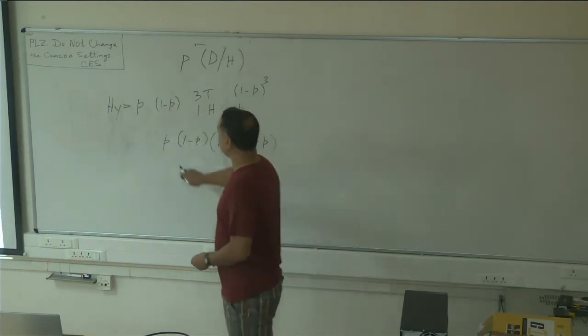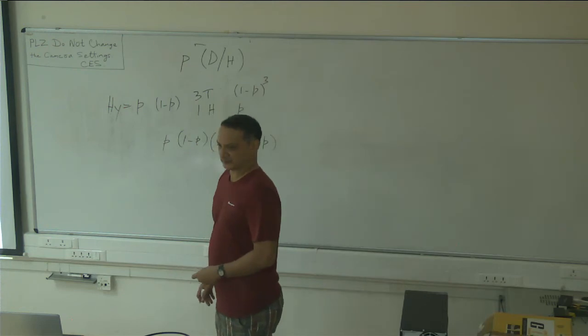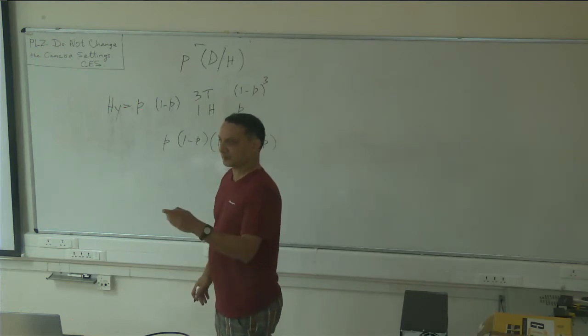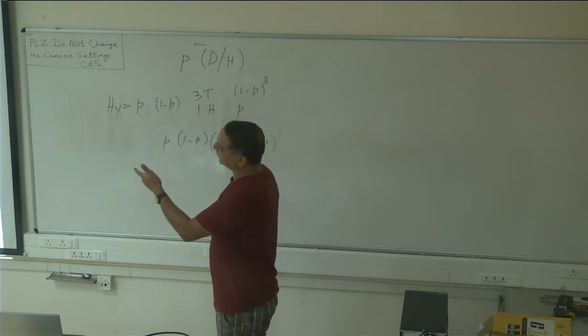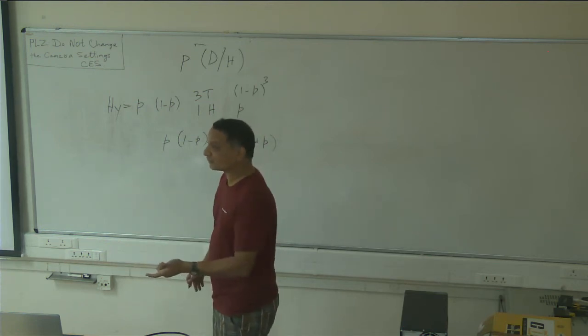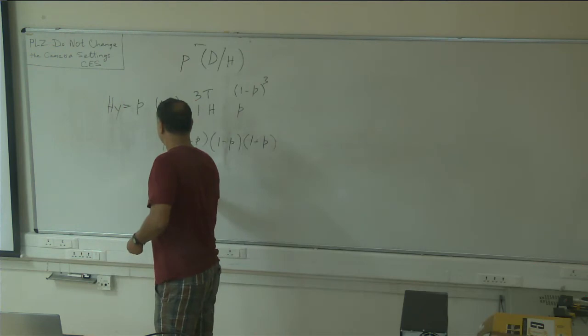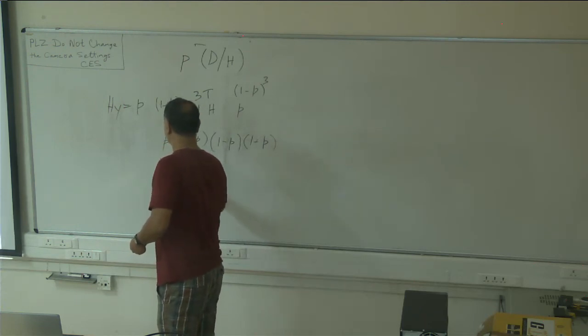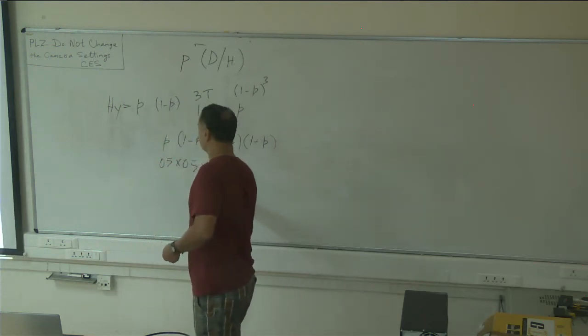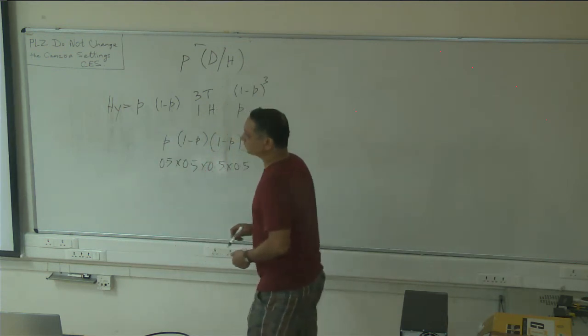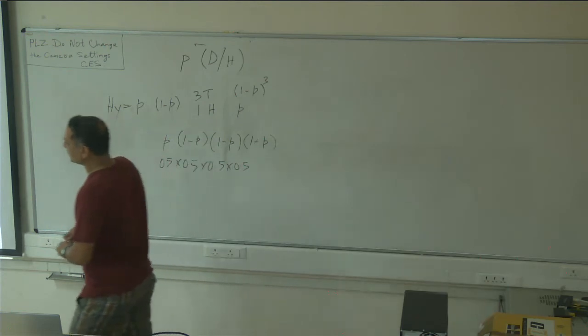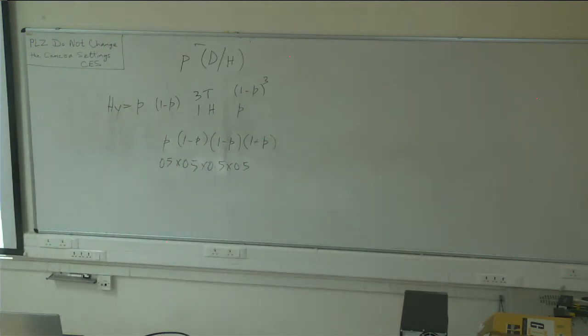So if we say that p is 0.5, the coin is fair. This would be 0.5, this would also be 0.5, 0.5 into 0.5, and that should give you that.